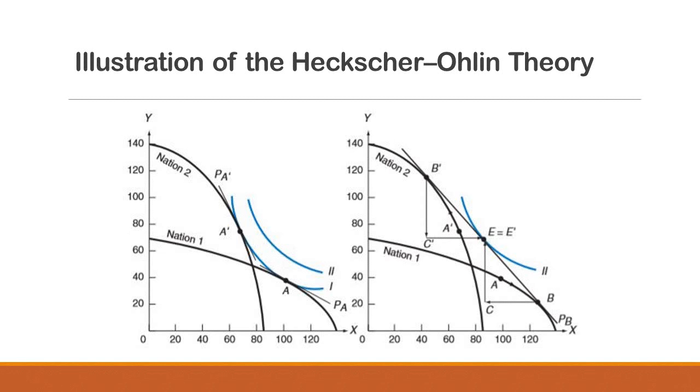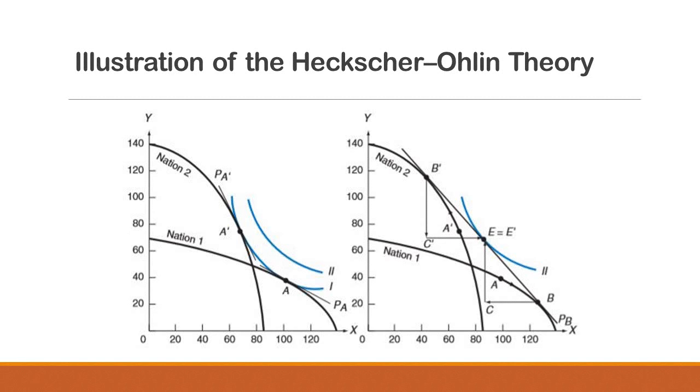And at point A dash, nation 2's production possibility frontier is tangent to the domestic price ratio line PA dash as well as the first community indifference curve. So A is the point of production and consumption for nation 1 in the pre-trade situation, and A dash is the point of production and consumption for nation 2 in the pre-trade situation.